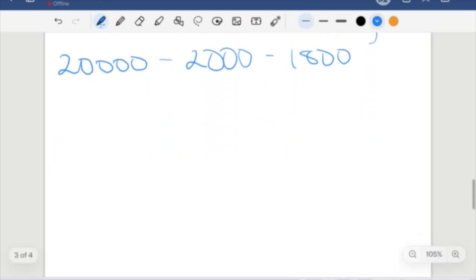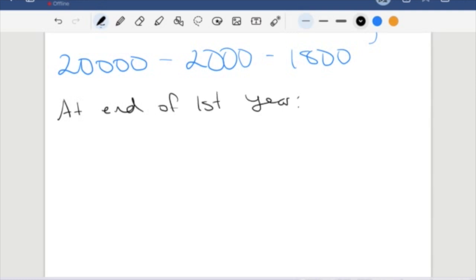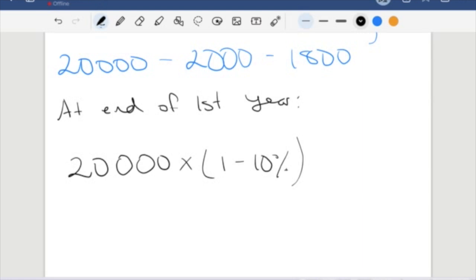So what we're going to do, we're going to look at what happened in the first year. So at the end of the first year, we took 20,000 and we times it by 1 minus 10%. We took our whole, which is the 20,000.